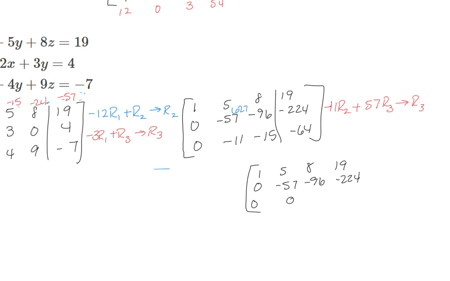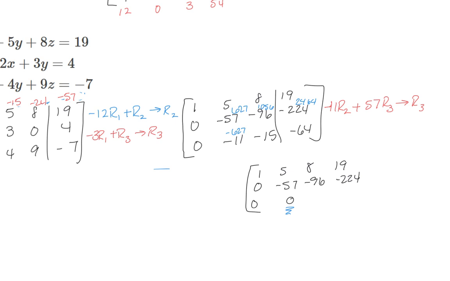I'm going to do -96 times the -11, and I get 1056, and then 224 multiplied by the 11 gives me 2464. And then the 11 times the 57, which of course we knew was going to be the -627, which is why we get the 0 there.